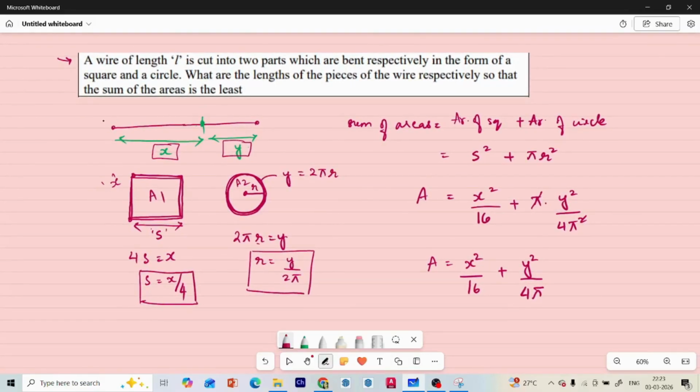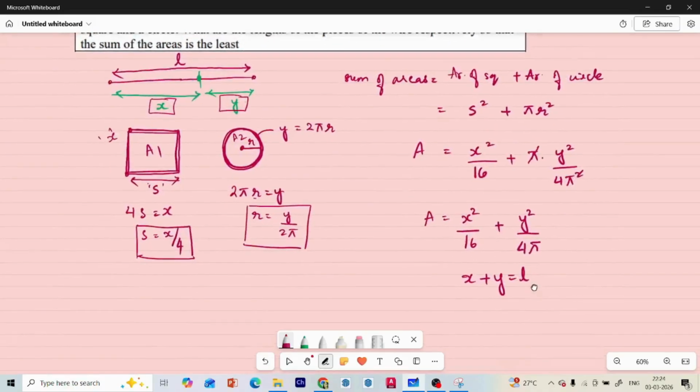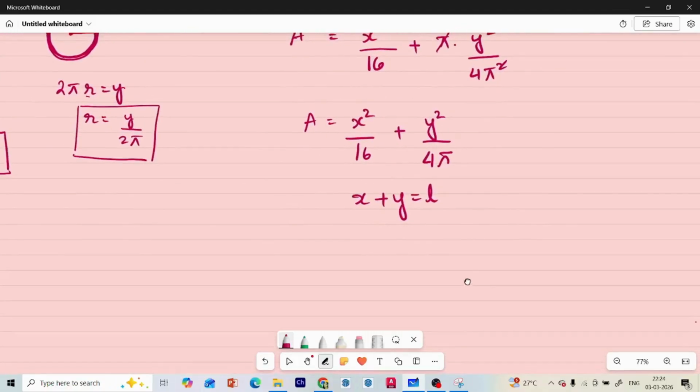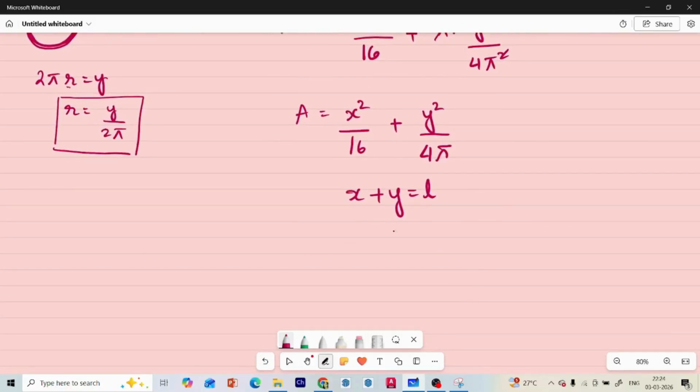So what else do we know? The length of the wire is given as L, and we are assuming the variables are x and y. So can we write x plus y is equal to L? The sum of the lengths of the two pieces should be equal to the total length. So now I can write y in terms of x: y is equal to L minus x.